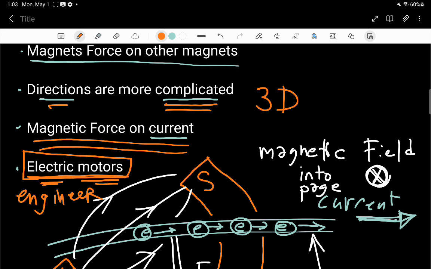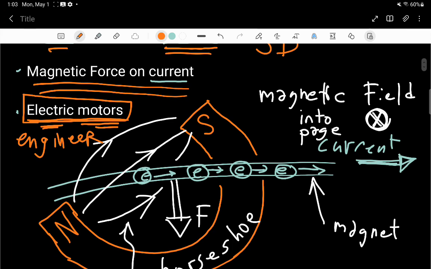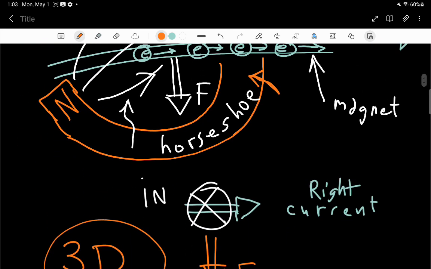Electricity seems to be so, in a sense, organized and compact, especially if you engineer it correctly. And here is a situation where if you can have electric current and a magnet, then you get force.